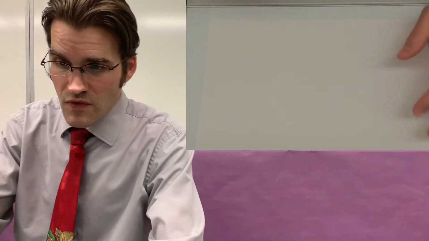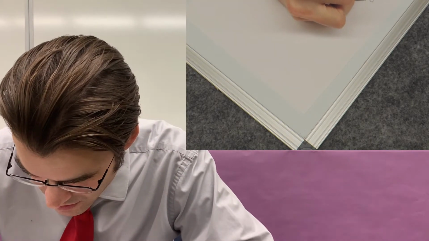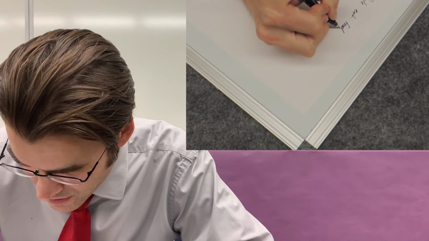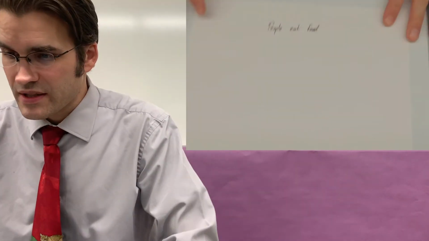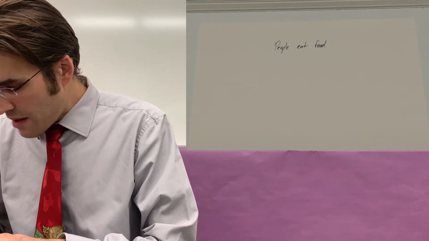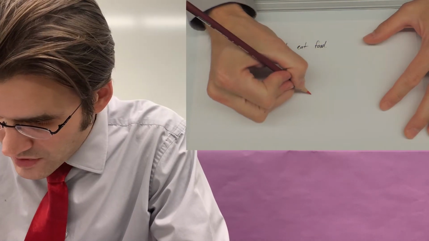Now, let's start with a sentence like, people eat food, okay? People eat food. Now, there's our sentence, and you can write it just on the top like this, okay? Now, I'm going to go ahead and get my red predicate, or my action, okay?